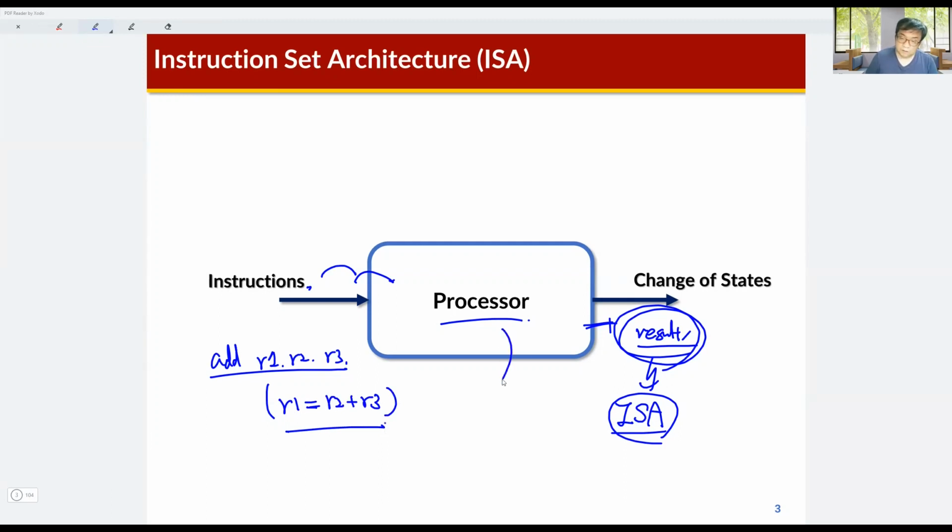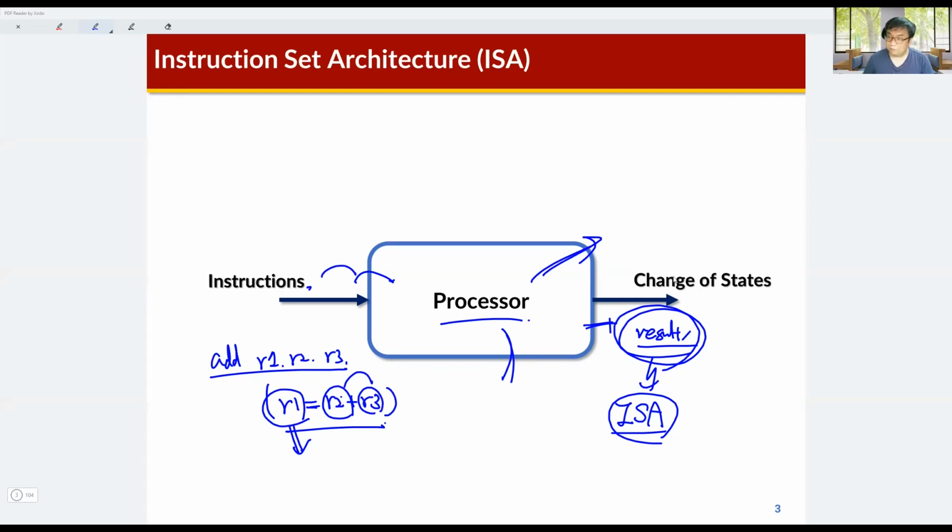Then the processor reads the data from R2 and R3, executes the add operation on this data, generates the result, and stores this result to R1. That is the definition of the instruction, and based on this definition, the processor generates the result.